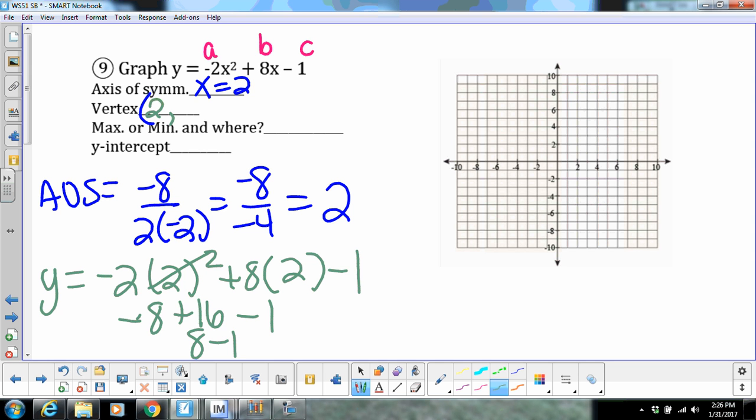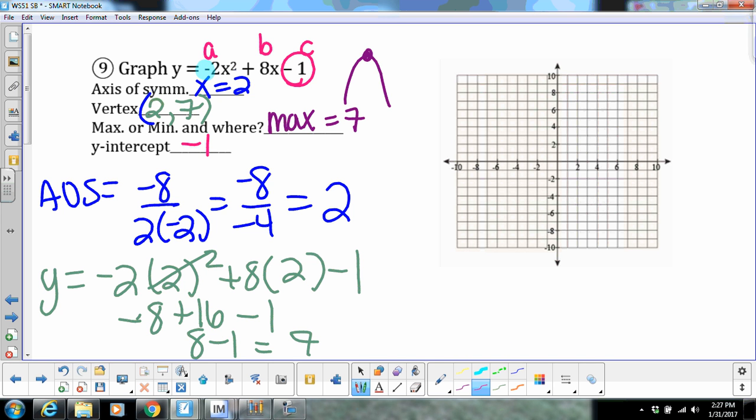So 8 minus 1 gives me 7. So my vertex is (2, 7). Our a is negative, so it's going to open downward, which means we have a maximum point, and that is at 7. And our y-intercept is always that last number, so that would be -1.